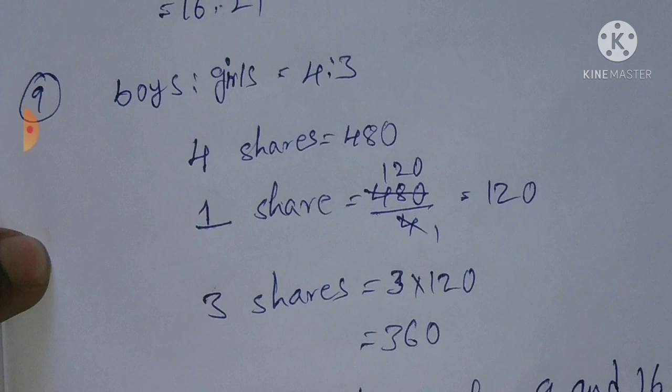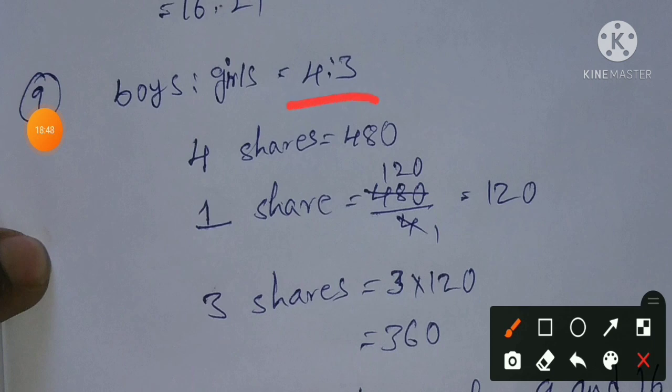Number of boys is also given, that is 480. So that is nothing but 4 shares equal to 480. From that 1 share equal to 480 by 4, that equals 120 members. In 1 share we have 120 members. So girls 3 shares, so 3 into 120, that is nothing but 360. Okay, number of girls is 360.